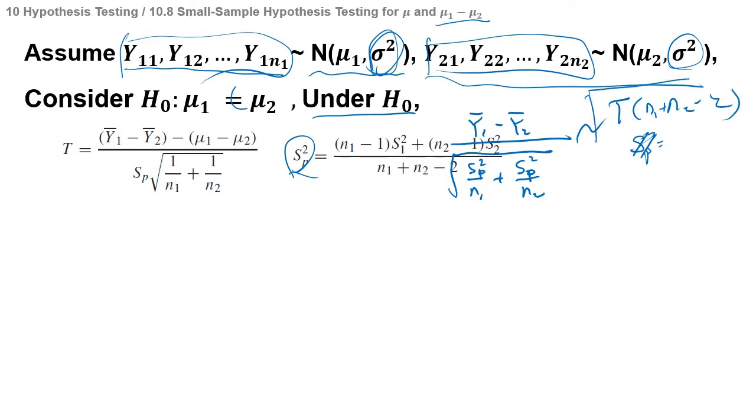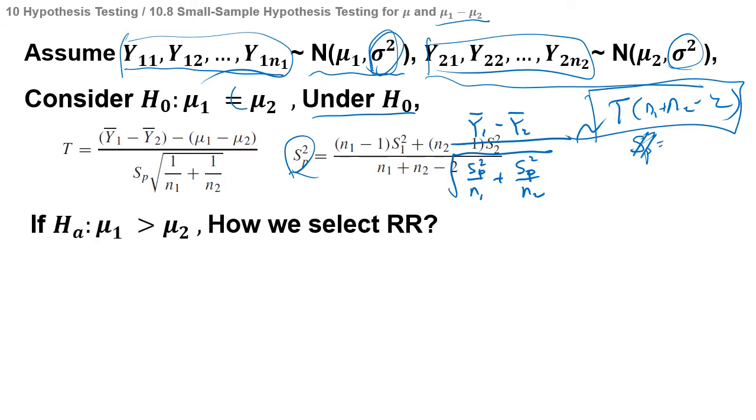We will use this t distribution to do inference for this hypothesis testing. If our alternative hypothesis is mu1 greater than mu2, how can we select the rejection region? If mu1 is really greater than mu2, then we would observe a large t. So if we observe a large value of t, it would be inside the rejection region.